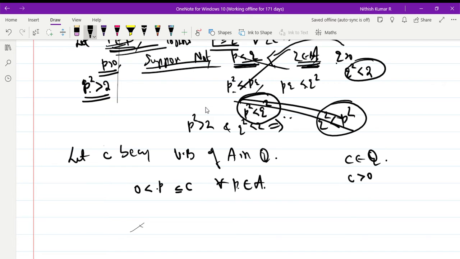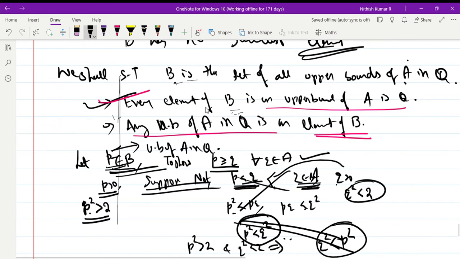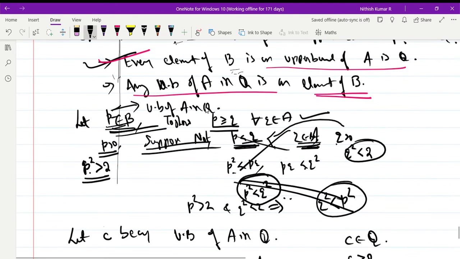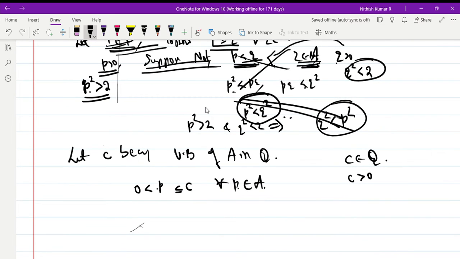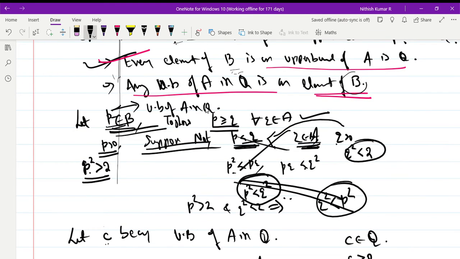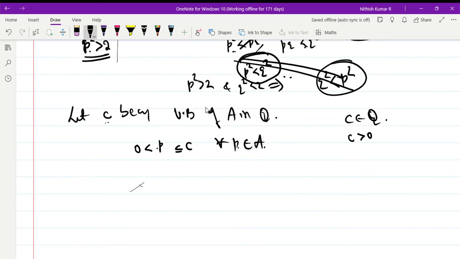Now we need to show that every upper bound of A is an element of B. That means C is an upper bound, we need to show this C is an element of B. To have C an element of B, we need C to be a rational number greater than 0 and we need to show this C square must be greater than 2.